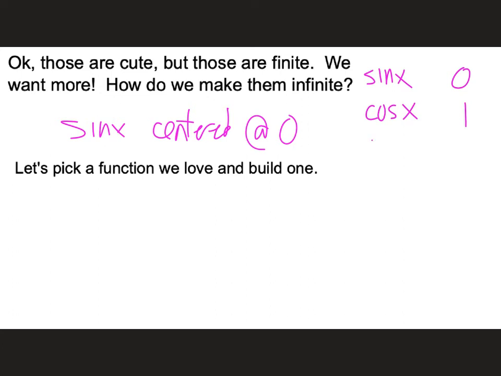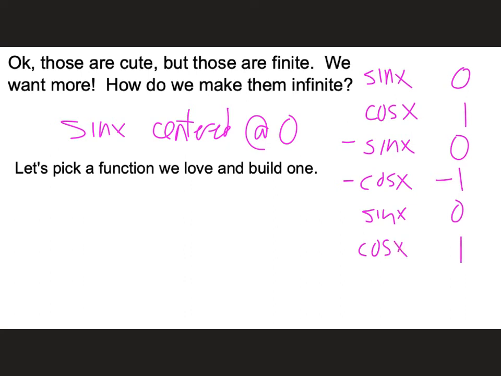Derivative of that is negative sine of x, and that's 0. Derivative of that's negative cosine of x, and that's negative 1. Derivative of that's the sine of x, and that's 0. Derivative, that's the cosine. Wait a minute. Cosine, that's a repeating pattern.